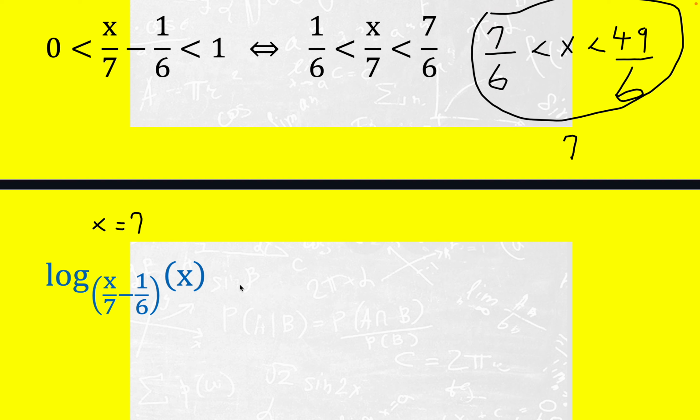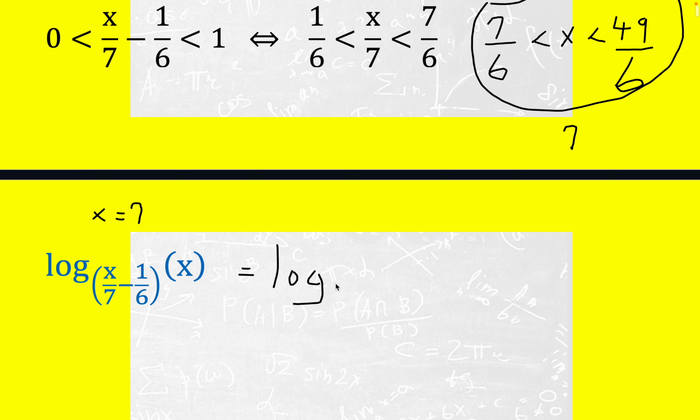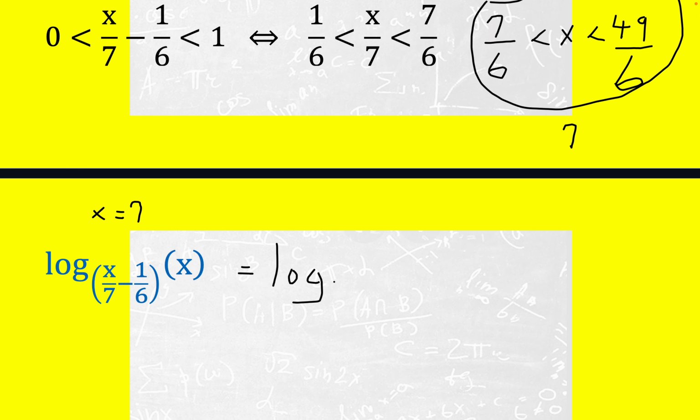So this gives us the log of, now if you put a 7 right here, you get 1, right? And 1 minus 1/6 is 5/6. So we do get a base that is between 0 and 1. The log base 5 over 6. And I'll go ahead and do the parenthetical here, I like it better.